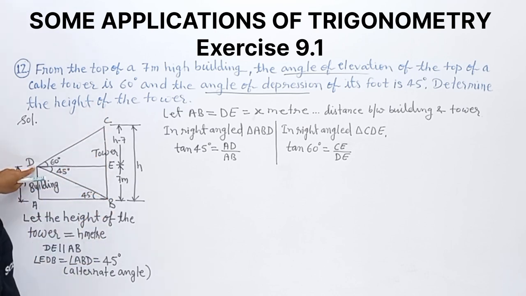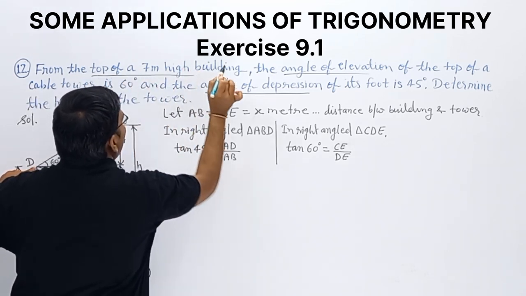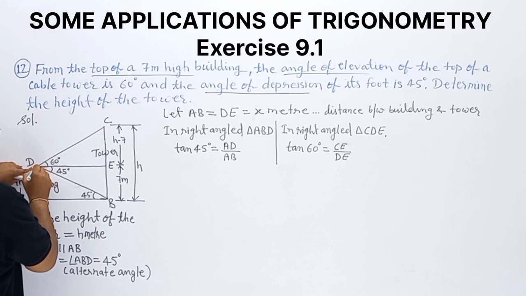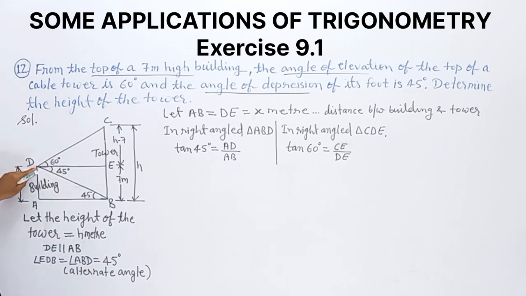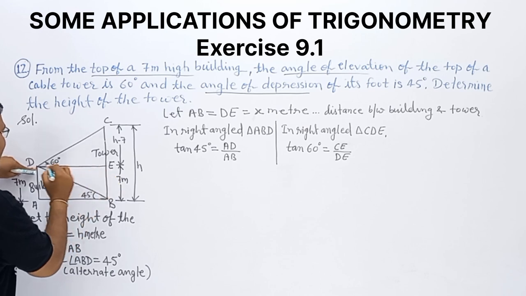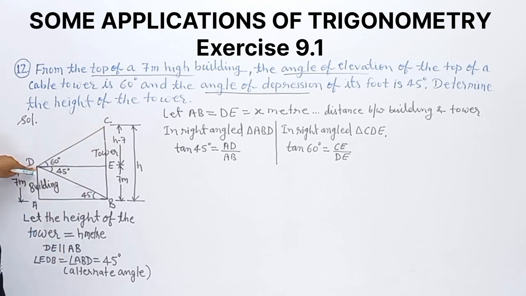Observe, from the top of the 7-meter high building, from this point, this is the building and its top is this one. From this point, this is the horizontal line and the line of sight above it makes 60 degrees to the top of the tower.